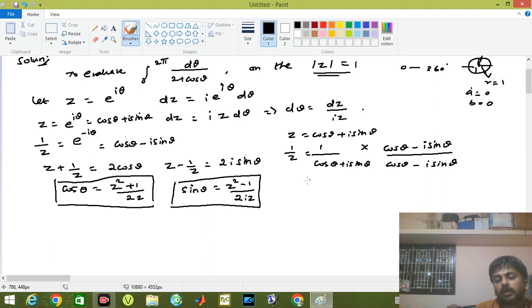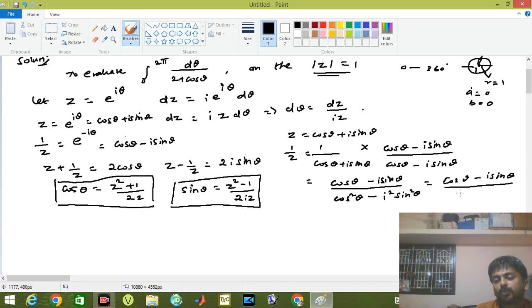So we will have cos theta minus i sin theta divided by cos square theta minus i square sin square theta. What is the value of i square?